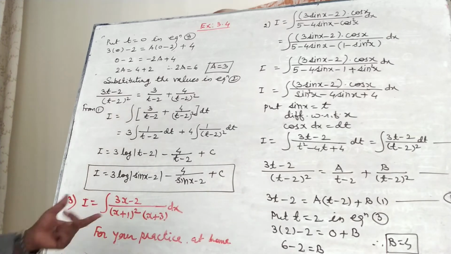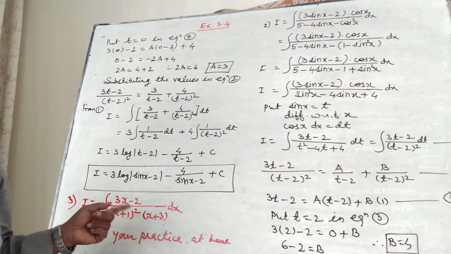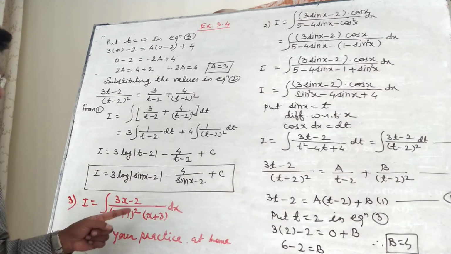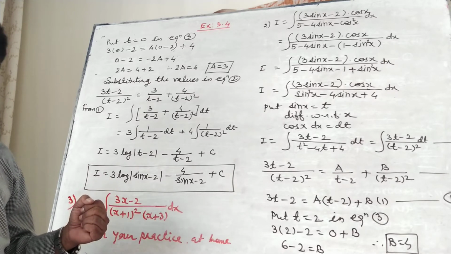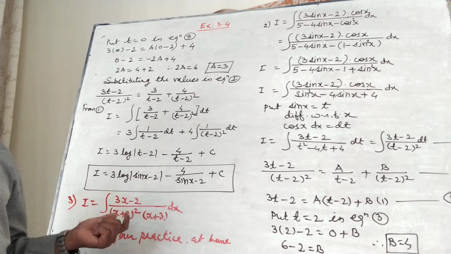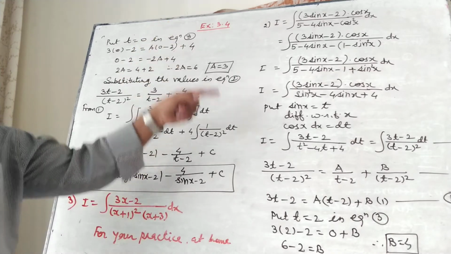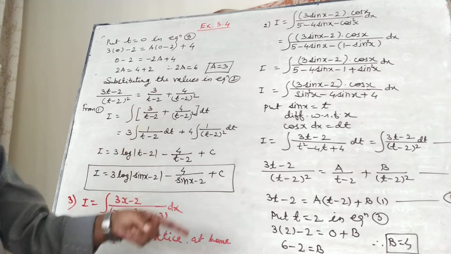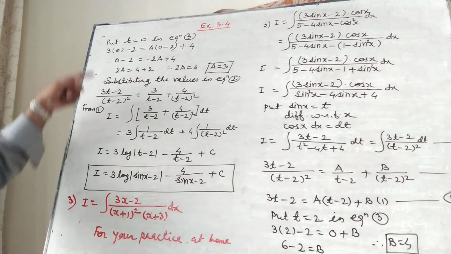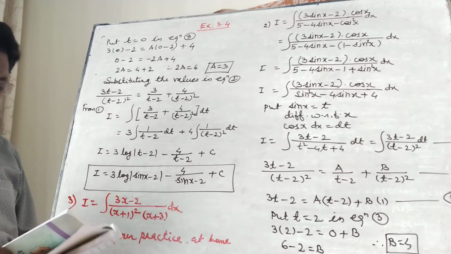Here we have to use three constants A, B, C: A upon (x plus 1) plus B upon (x plus 1) whole square plus C upon (x plus 3). Find the partial fraction constants A, B, C in a similar manner, and simplify and solve the integral.